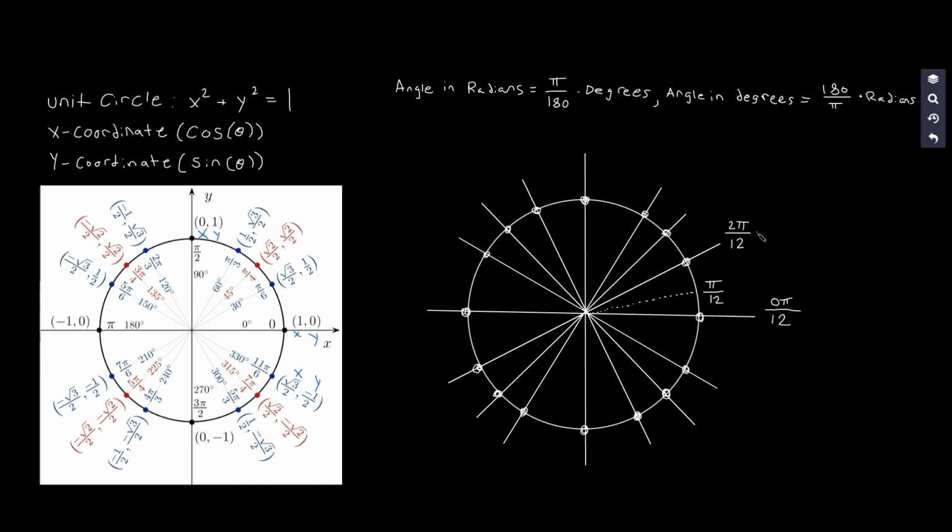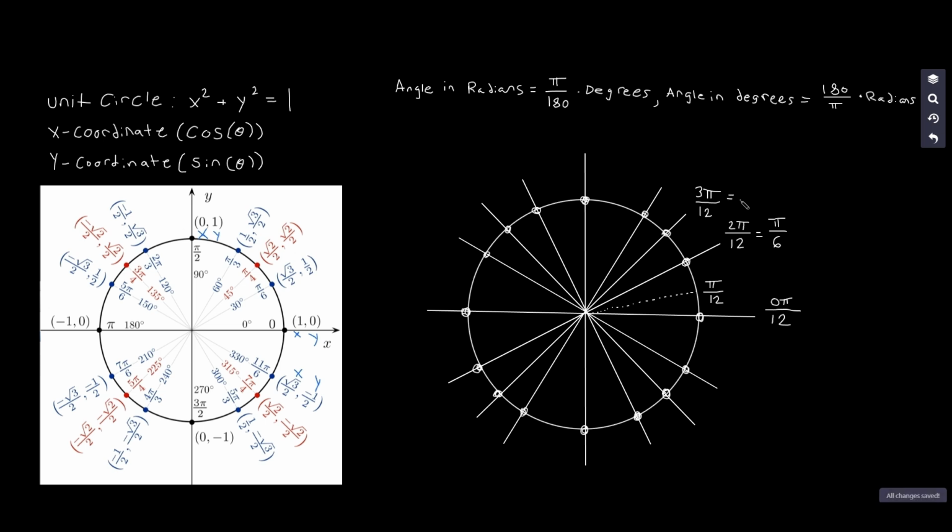Wait, but there's another way to write this. We can simplify this. And if we simplified it, well, it's going to be pi over 6. Does that look familiar? Well, it should because there's pi over 6 right over here. Let's just keep counting upwards. Let's put 3 pi over 12. Well, we can simplify this fraction.